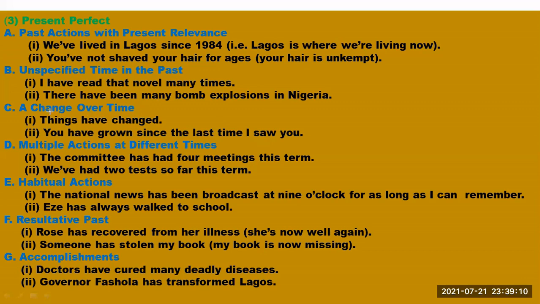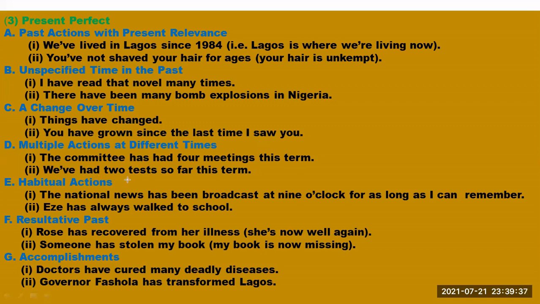Again, you can use the present perfect tense to talk about a change that has taken place over time. You can say, you have grown since the last time I saw you. Another use of the present perfect is in reporting multiple actions at different times. For example, the committee has had 4 meetings this term.